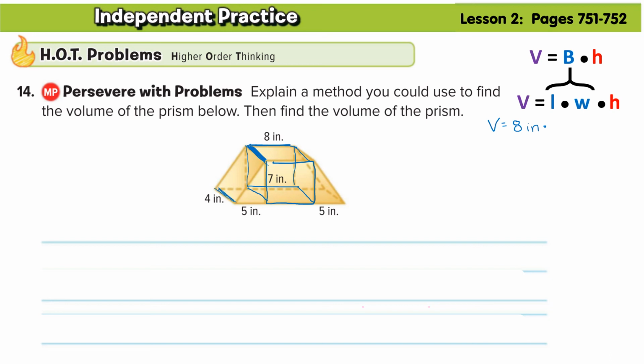So we're going to say 4 inches, and the height is right here, 7 inches. So the volume equals 32 inches squared times 7 inches. So the volume equals 224 inches cubed.